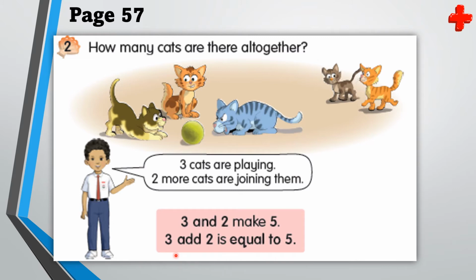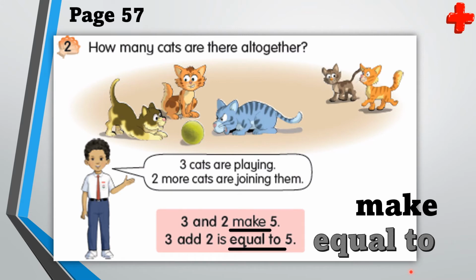Say after me. 3 add 2 is equal to 5. And the important words that we can find here are make, jadi, and equal to, sama dengan. Actually, this is not related to addition because it is just to make the number sentence.